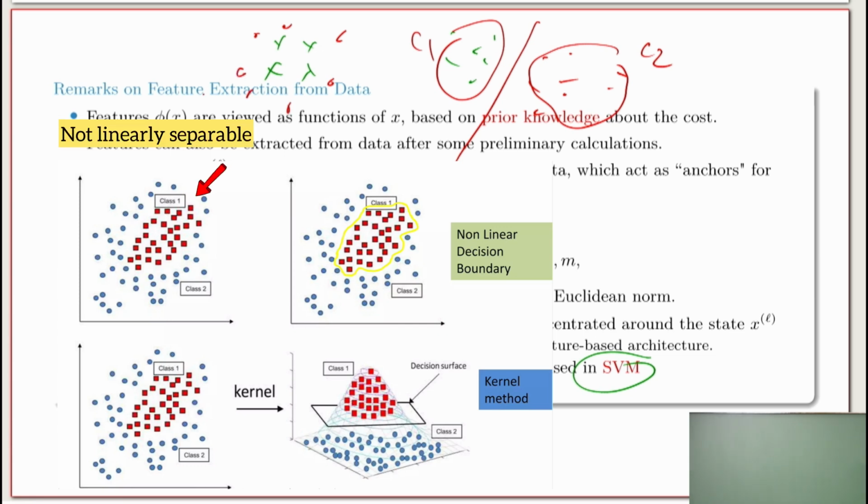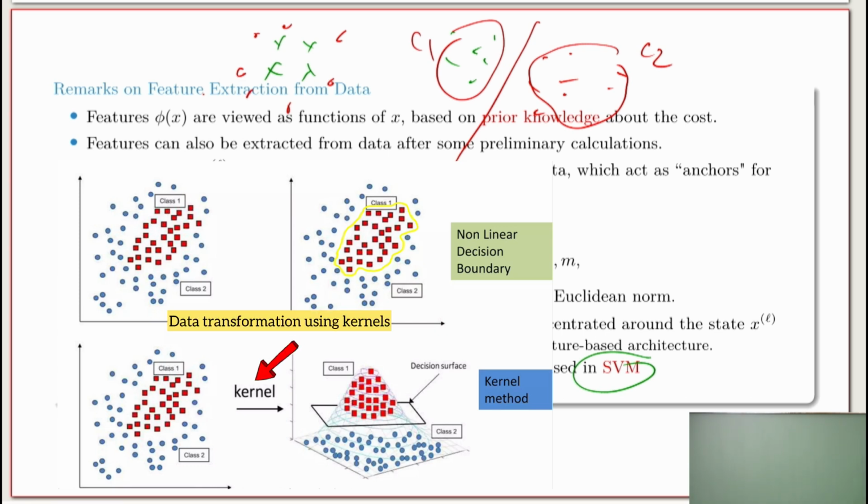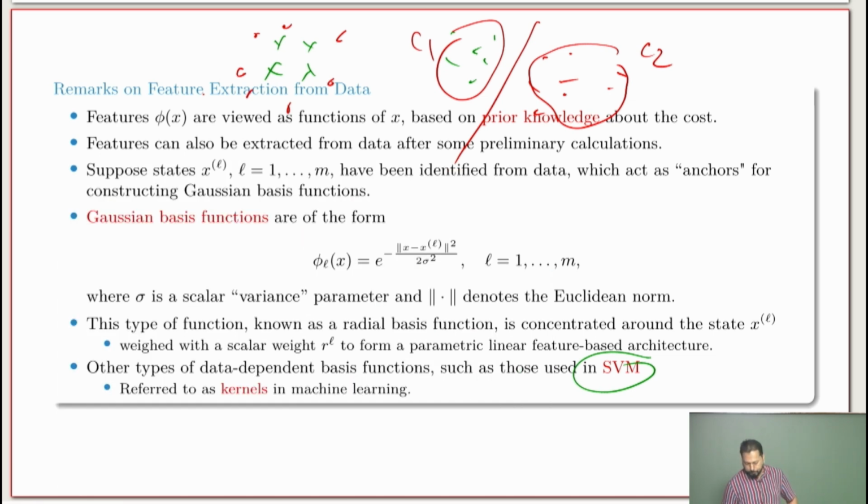Then the idea was, can we still make it linearly separable? Let's say you are allowed to do some kind of data transformation. So you may map your data to a new space, and in the new space it becomes linearly separable. So that was the question that we had. Okay, so SVM did a bit more than just a linear classifier, because SVM also introduced the idea of a large margin.